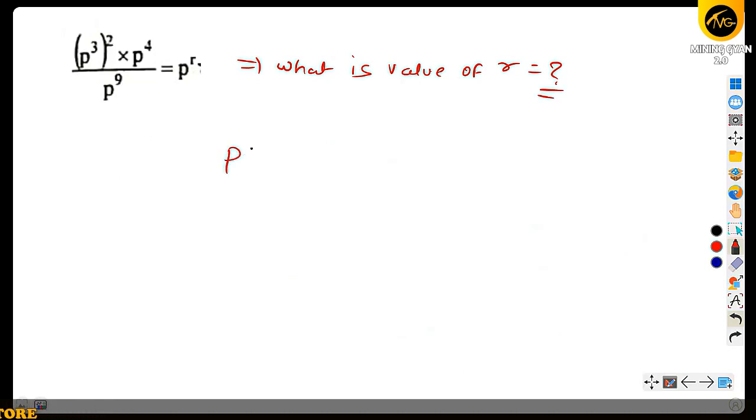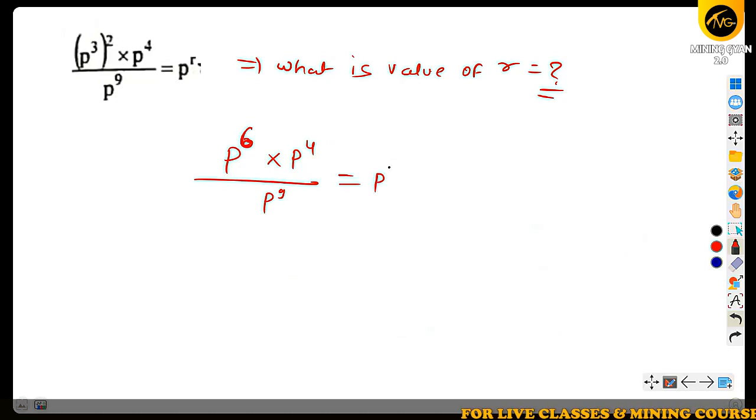Now we can see that p cube and whole square, that means we can write p power 6, right? Now p power 4, and whole divided by p power 9 equals p power r, right?